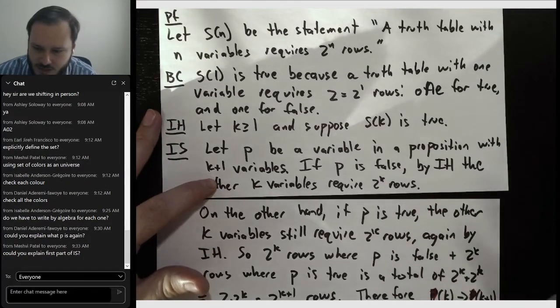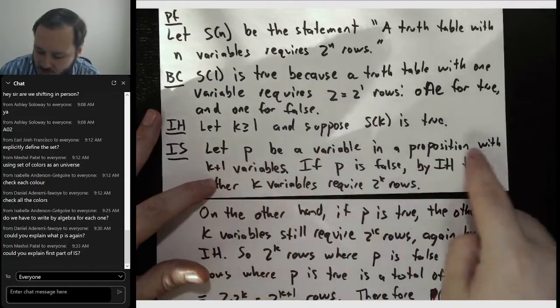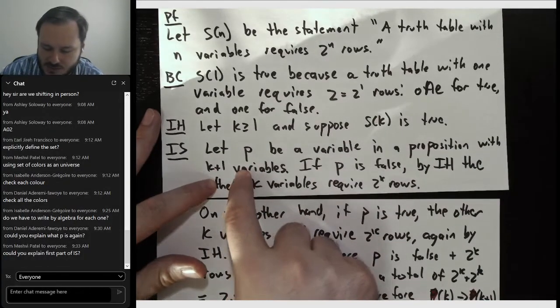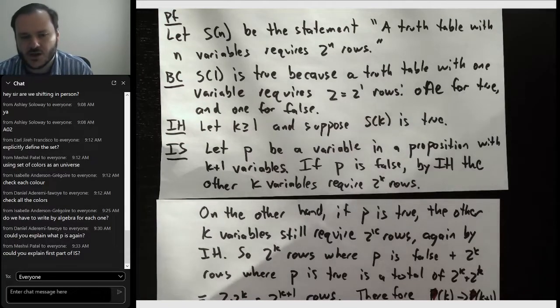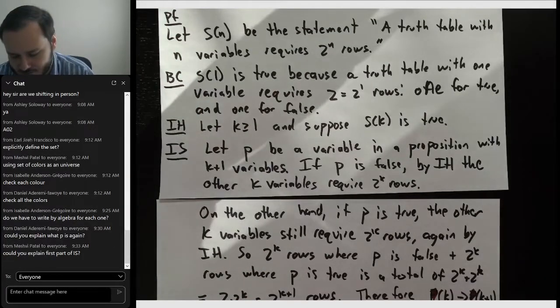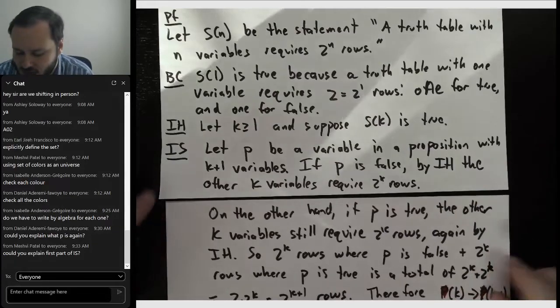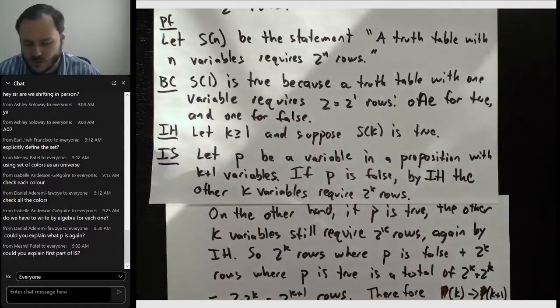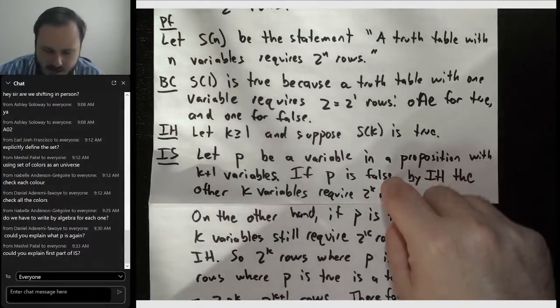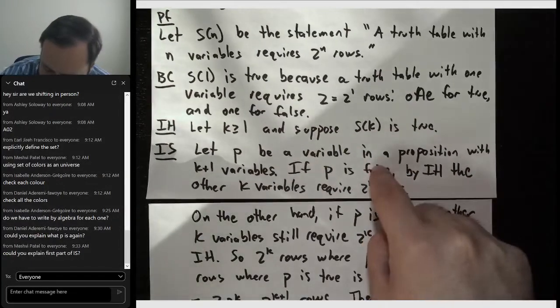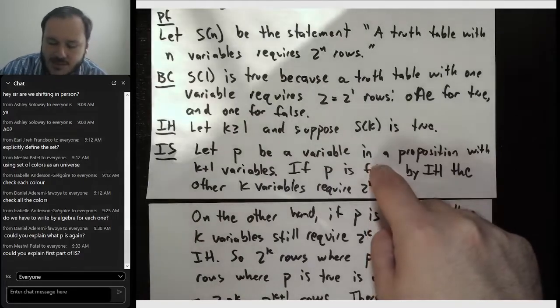Well, in order to do that, I have to somehow take my proposition with k plus 1 variables in it and reduce it down to a proposition that only has k variables in it. And in order to do that, I pick out any variable, I don't care which one, just one of the variables, and I decide what it's going to be. I say, if P is false, that's one of the possibilities I have.